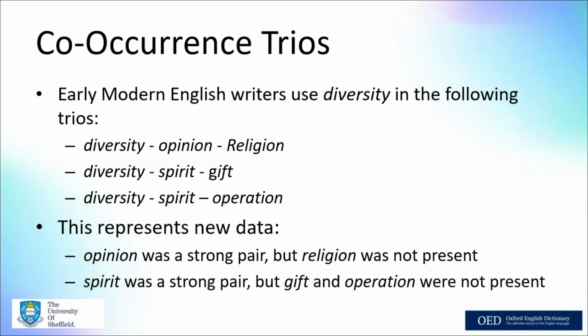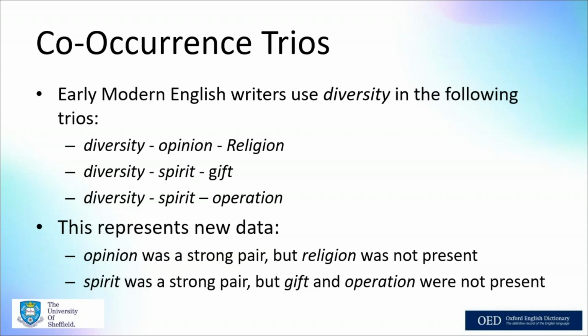And so we can say, for example, that the high frequency trios that are also highly internally cohesive around diversity are diversity, opinion, religion; diversity, spirit, gift; and diversity, spirit, operation. Depending on how we set our statistical thresholds, we can come up with much longer lists. And of course, our actual data includes billions of trios, so far more trios around the word diversity than just these 3, but these are 3 of the strongest ones.